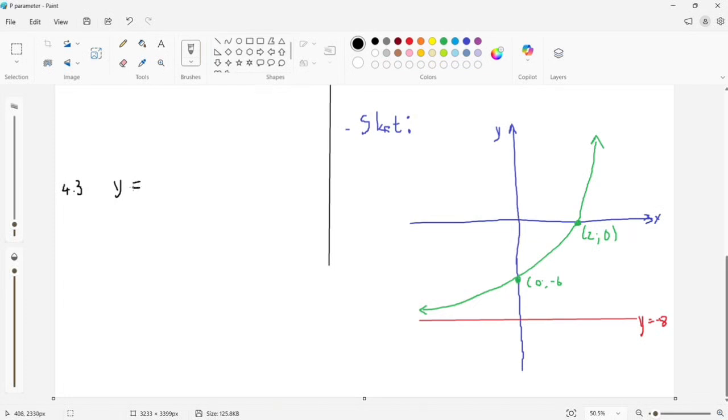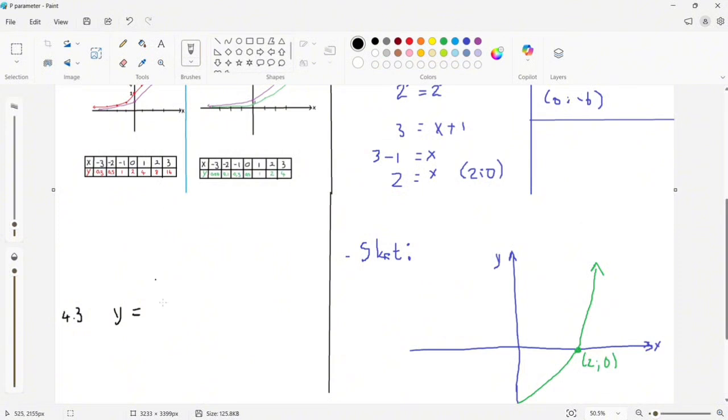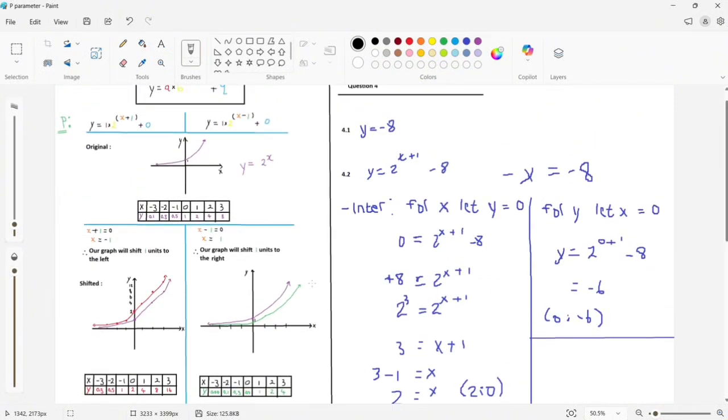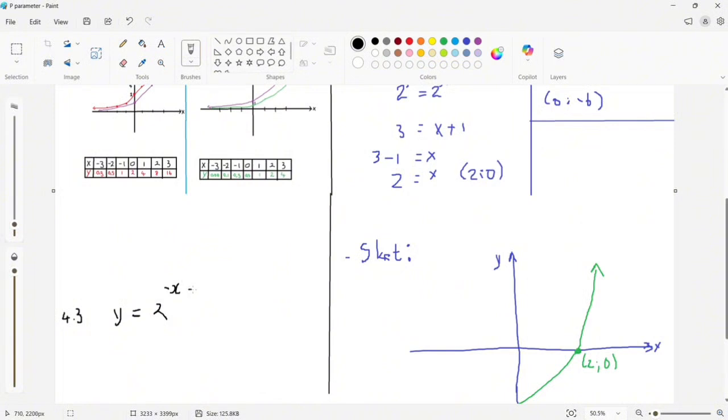Whatever graph you're given, you just have to change the sign of x. It's gonna be 2 to the minus x. Was it plus 1? Plus 1 minus 8. There.